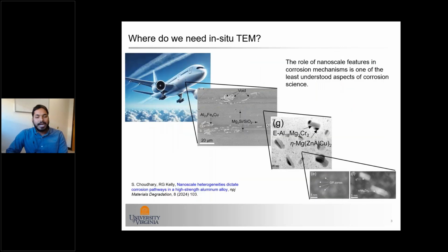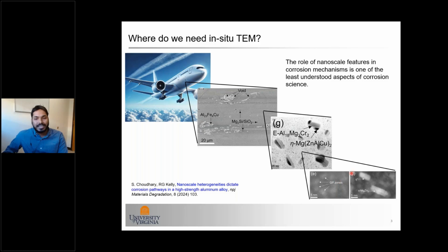So let me start with why we needed Liquid-Cell TEM. Here at UVA, I'm trying to study localized corrosion in aerospace grade aluminum alloys, which basically get their strength from nanoscale features like dispersoids and nano-sized metastable and stable precipitates.